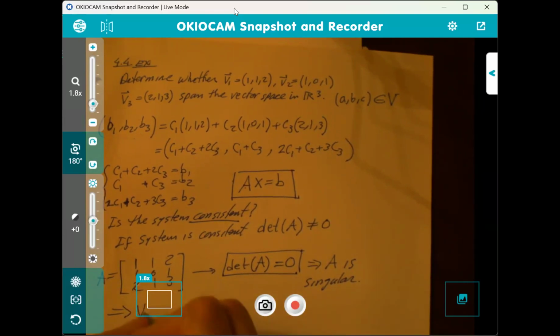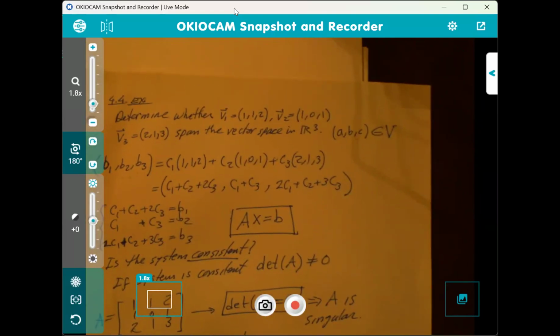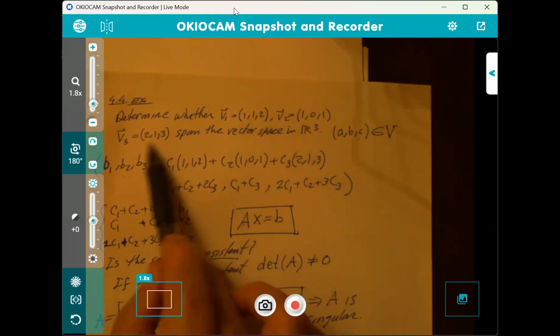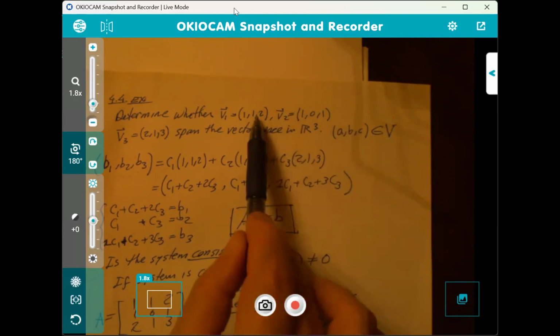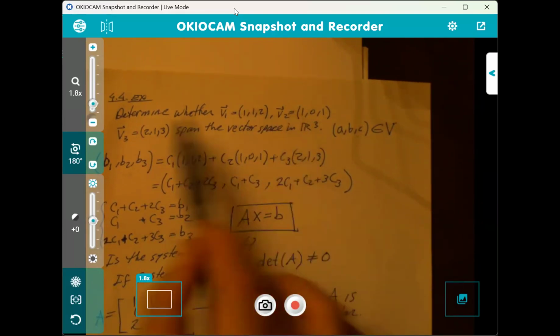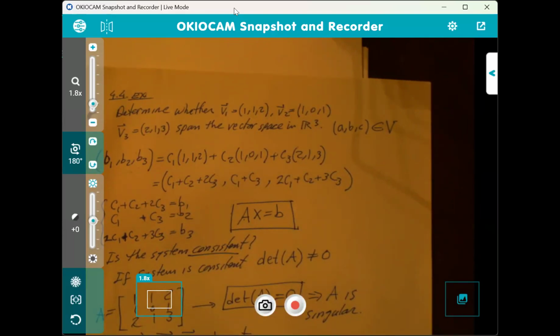Therefore, the three vectors v1, v2, v3 do not span R3. I cannot write every vector in this form in R3 as a linear combination of only these three. So that's the upshot of this.